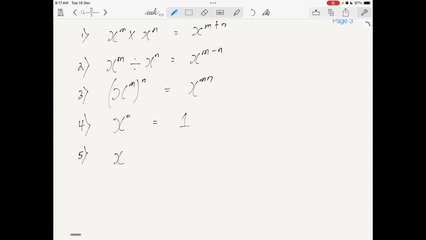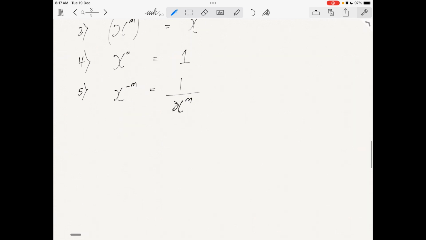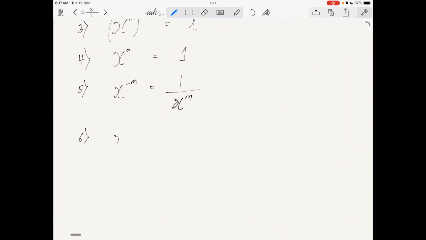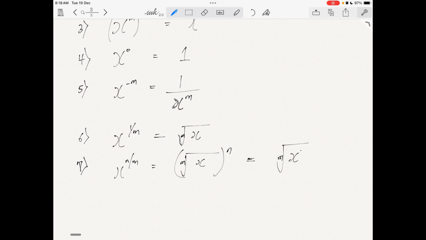Number 5, x raised to the power minus m is equal to 1 over x raised to the power m. And number 6, x raised to the power 1 over m is the mth root of x. And number 7, x raised to the power n over m is equal to the mth root of x all raised to the power n, which is the same thing as writing the mth root of x raised to the power n.